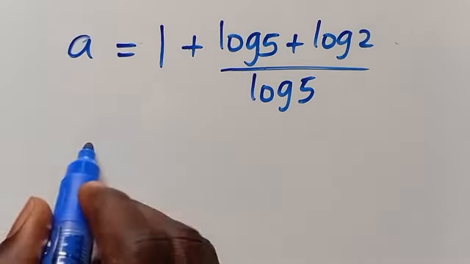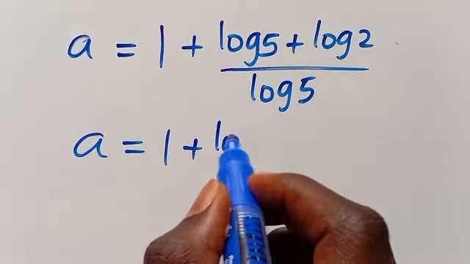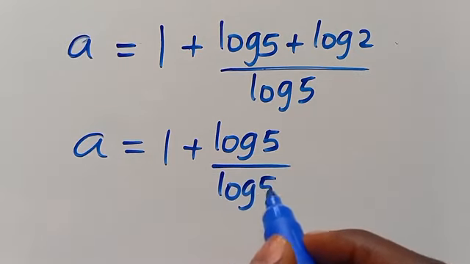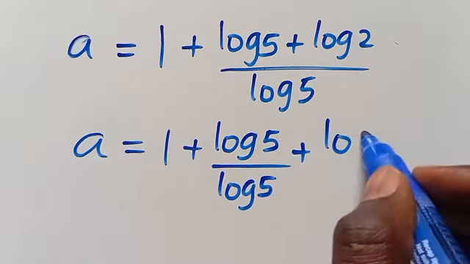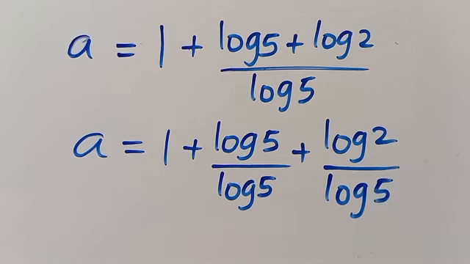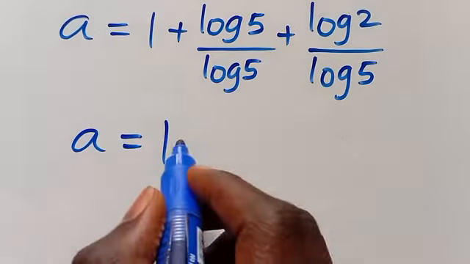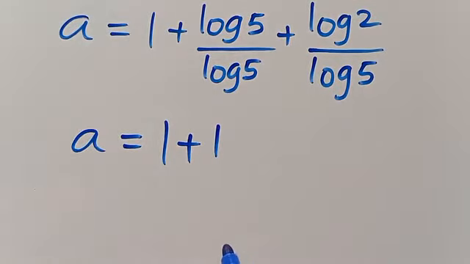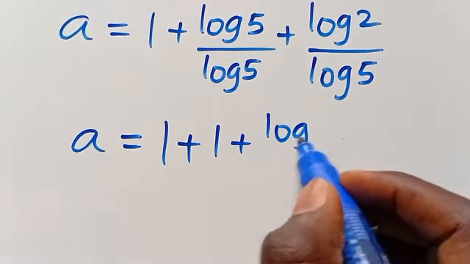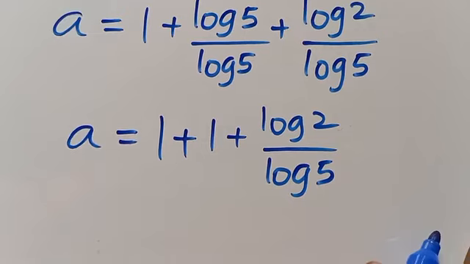So from here we have a equals 1 plus log 5 divided by log 5 plus log 2 divided by log 5. So we have a equals 1 plus log 5 divided by log 5 will also be 1. Then plus here will be log 2 divided by log 5.